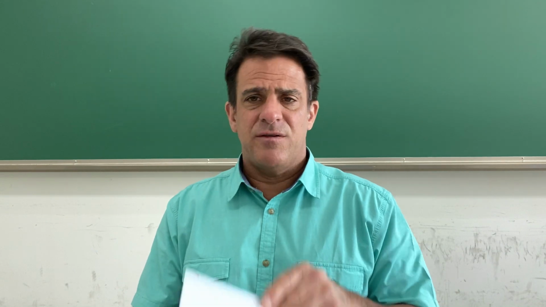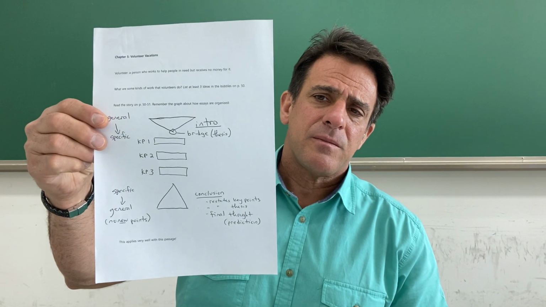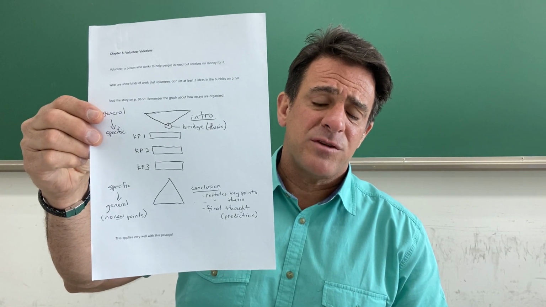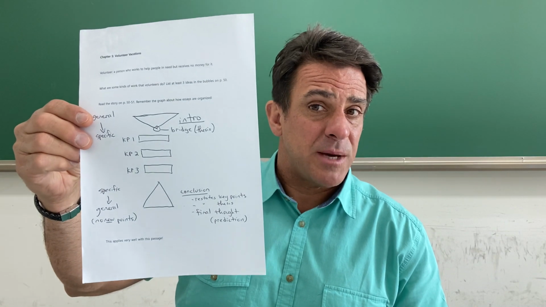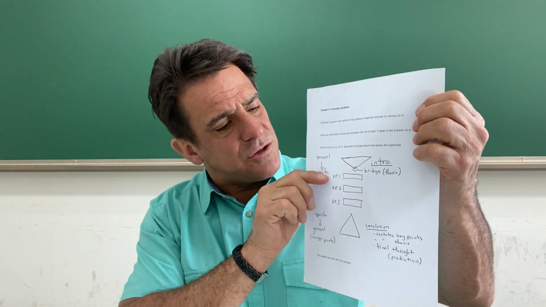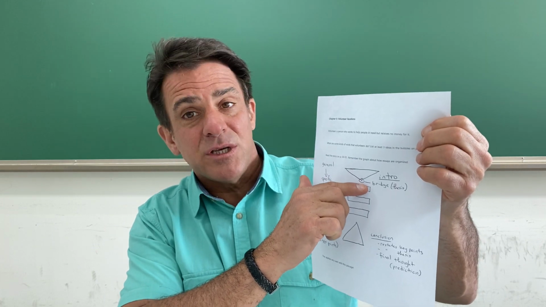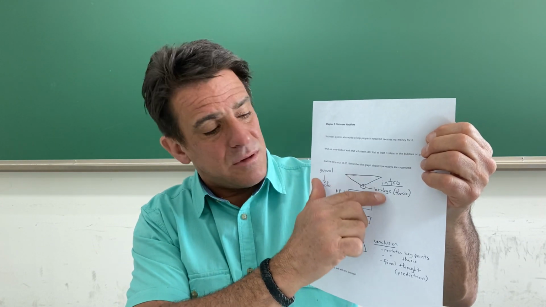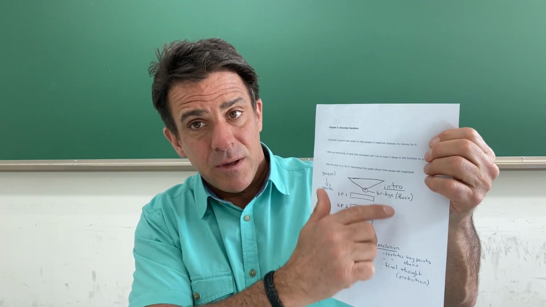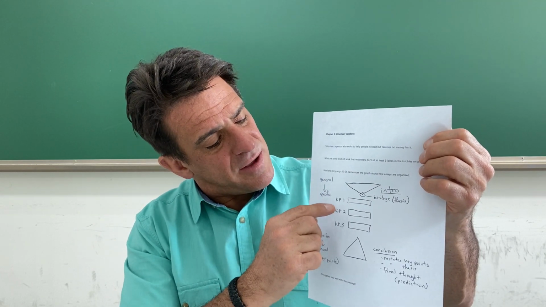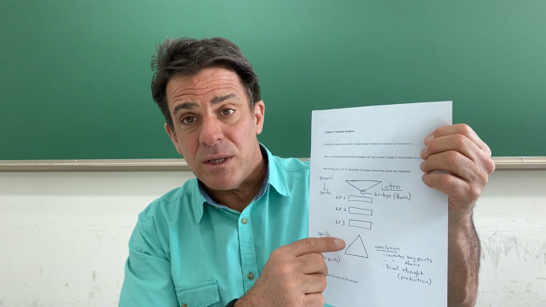If you look at your notes, in the notes I gave you this diagram again. We've talked about this before. Remember chapter 1? You have the introduction, the thesis statement, the bridge, connecting to the rest of the body. The body is 3 paragraphs, 3 key points.